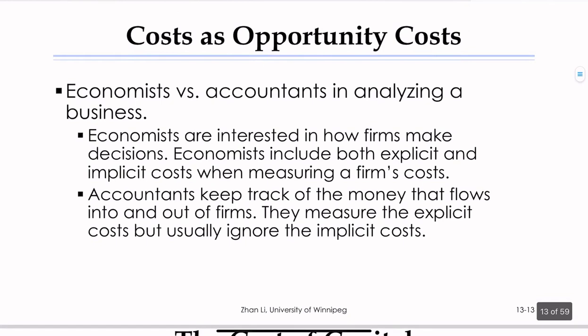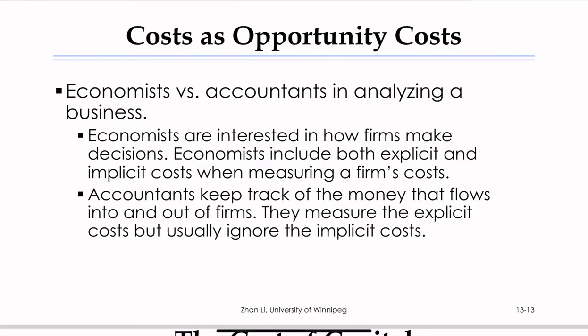And understanding opportunity costs is very important in understanding how to calculate a firm's profits. Economists and accountants are different in how they understand firms' costs and how they calculate profits. For economists, we are interested in how firms make decisions.